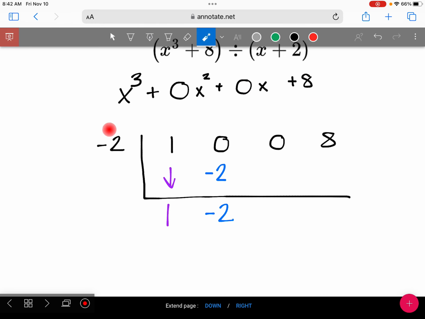Negative 2 times negative 2, and we get positive 4. 0 plus 4, 4. Then we're going to have our 4 times our negative 2, and we get negative 8. What's our remainder? 0.